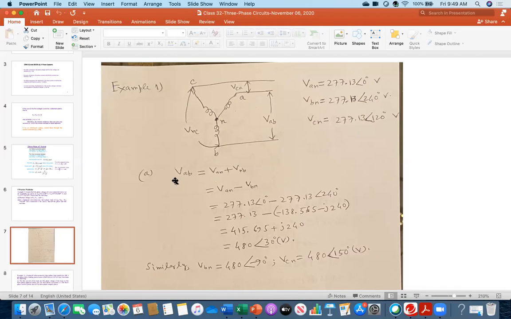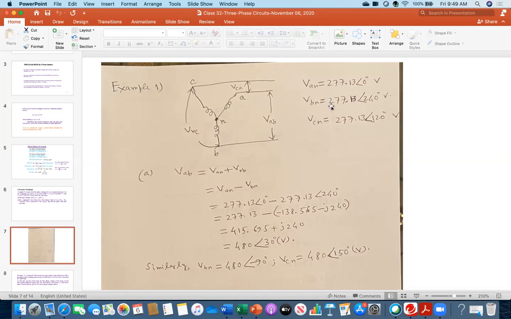So look at my equation, VAB: I am writing VAN plus VNB, because I am going from point A to B, so I am fully following this direction.